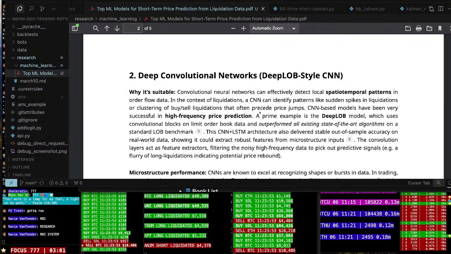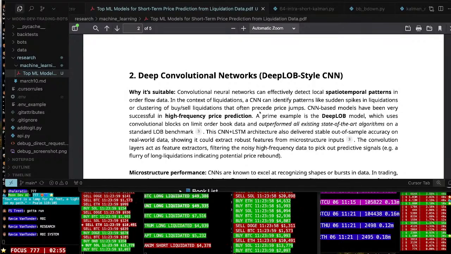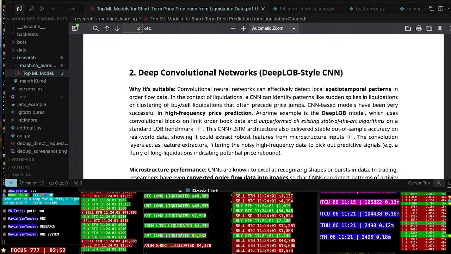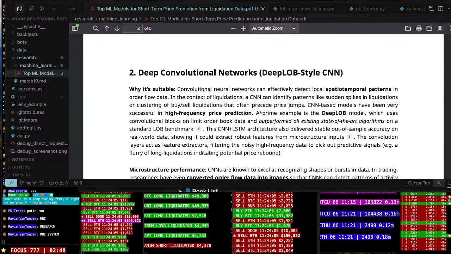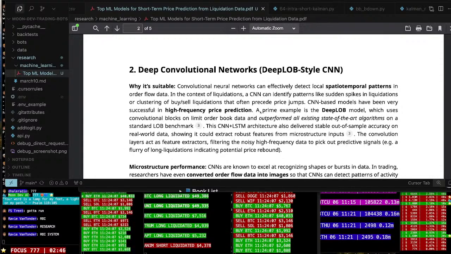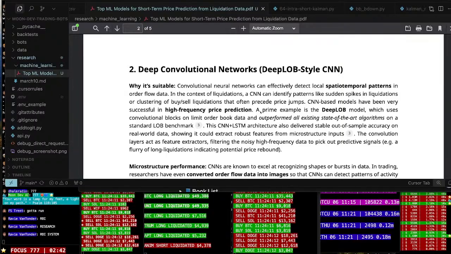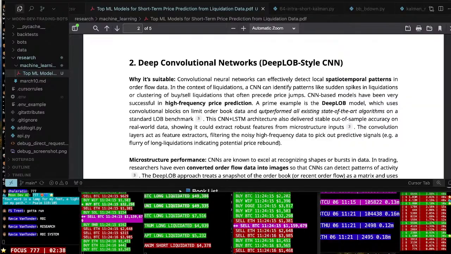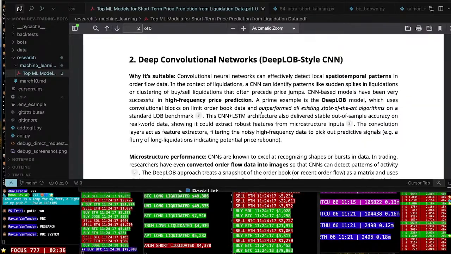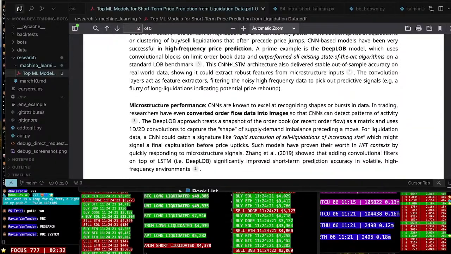The CNN plus LSTM architecture also delivered stable, out-of-sample accuracy on real-world data, showing it could extract robust features from microstructure inputs. The convolutional layers act as feature extractors, filtering the noisy high-frequency data to pick out predictive signals, e.g. a flurry of long liquidations indicating potential price rebound.